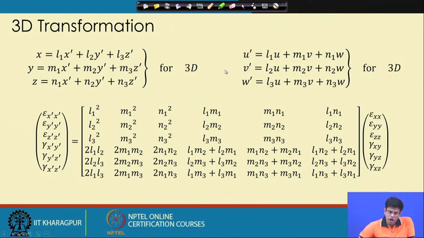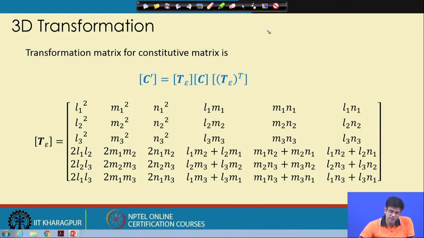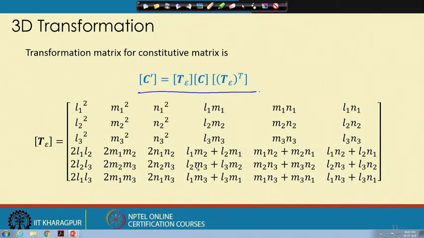So now the constitutive matrix can be written in the same form. The constitutive matrix here will be in the same form. So this T epsilon is essentially this. So now for a 3D case, these matrices have to be multiplied with the proper non-prime C to get the prime C.